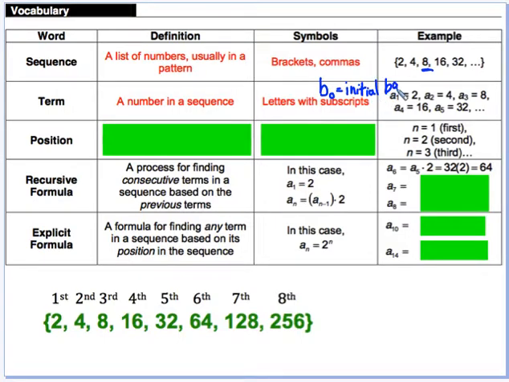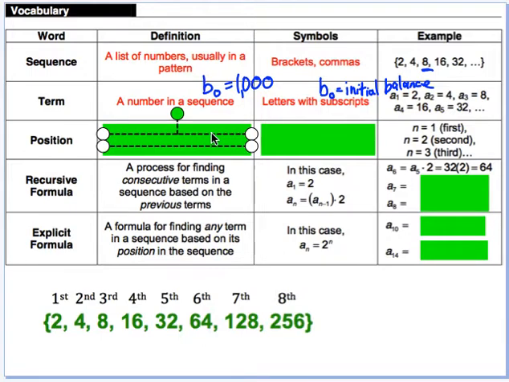Remember that from last week? B sub 0 is just our initial balance. I think on one of the problems it was equal to $1,000. So we said b sub 0 equaled 1,000. We're just saying that the first term was 1,000.